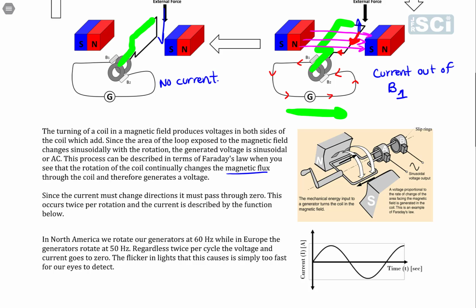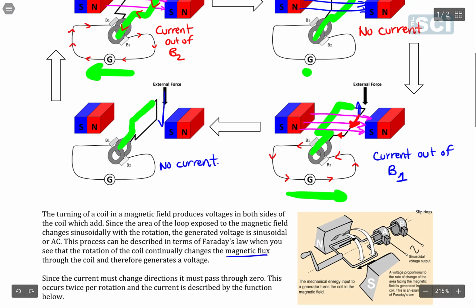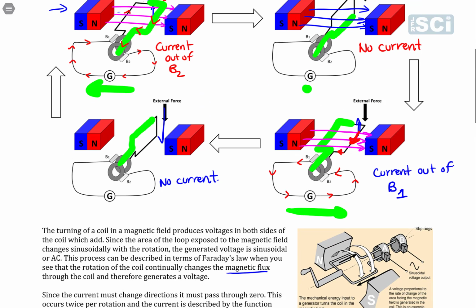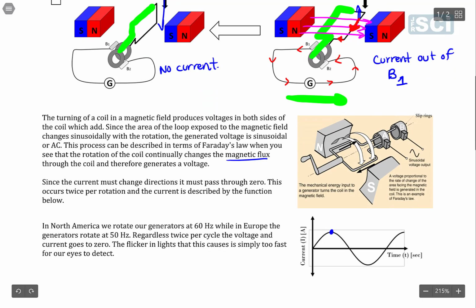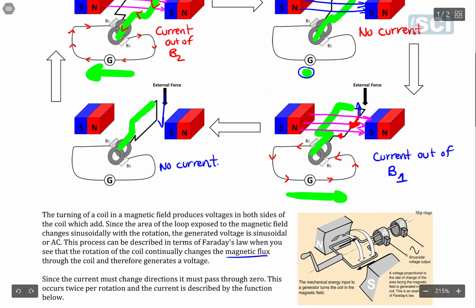And so as the area changes that it's exposed to this magnetic field, the voltage is going to change as well. So the voltage is going to go up and down, just like we noticed that the current is going to go left and right. So if I'm counting left as positive current and right as negative current, I go from the positive to 0, because we noticed it was 0 here.